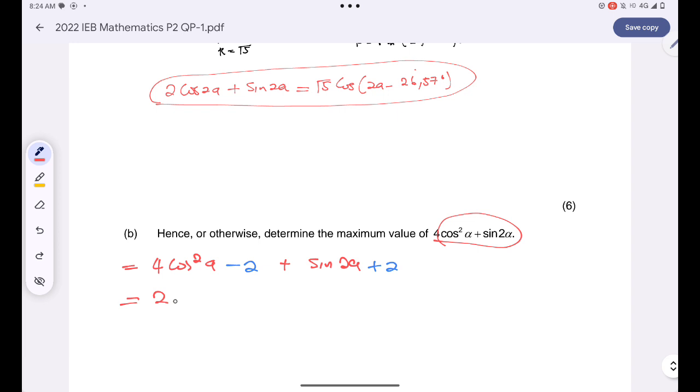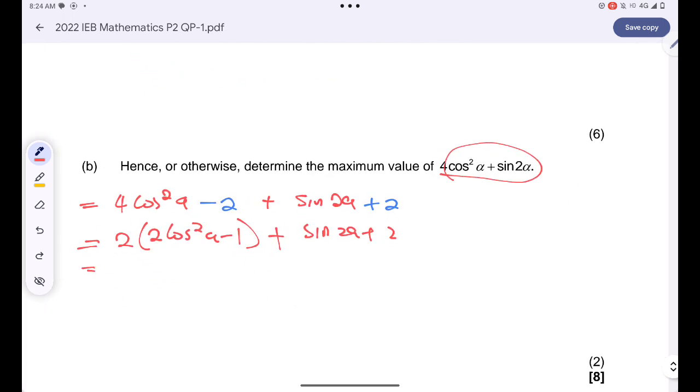If I can take out a common factor of 2, whenever I focus on the first 2 terms, I'll be left with 2 cos squared a minus 1. I'll still have a plus sine 2a plus 2 over there, right? This would give me 2 cos 2a plus sine 2a plus a 2 there.